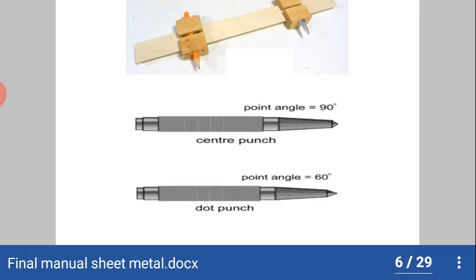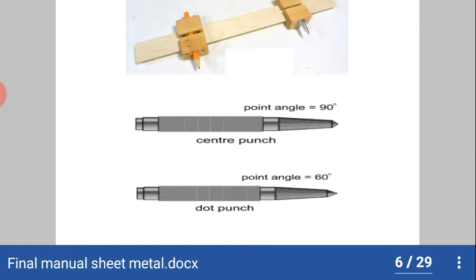Students, the center punch has an included angle of 90 degree and the dot punch has an included angle of 60 degree. These are made from hardened stainless steels or high carbon steels.